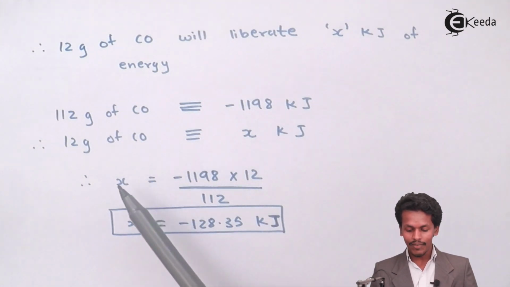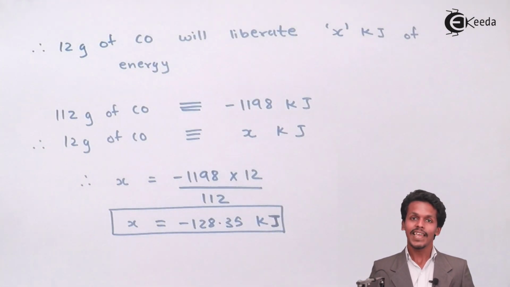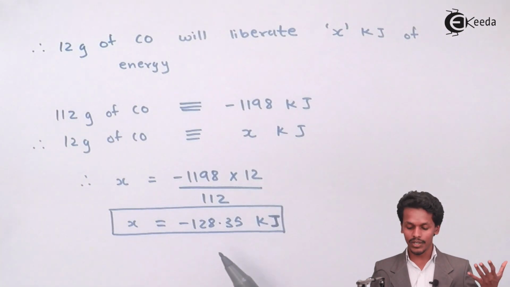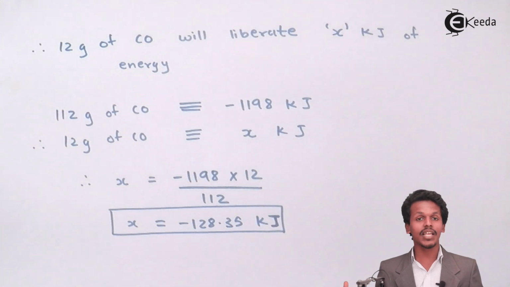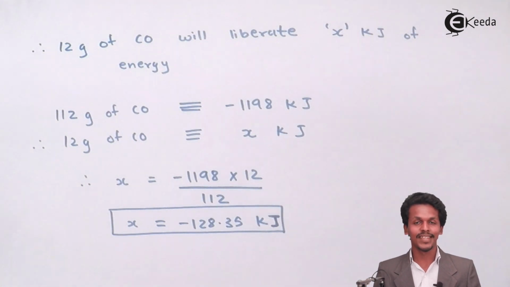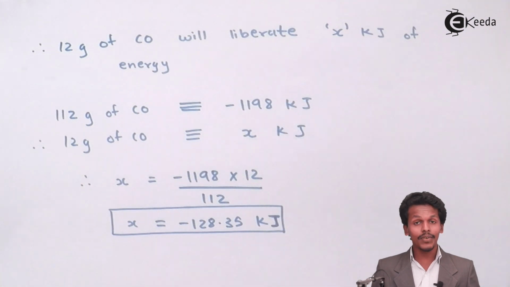So 12 gram of carbon monoxide will give minus 128.35 kilojoule of energy. This much heat would be evolved or liberated when we use 12 gram of carbon monoxide. It was a very easy one using the concept of stoichiometry.